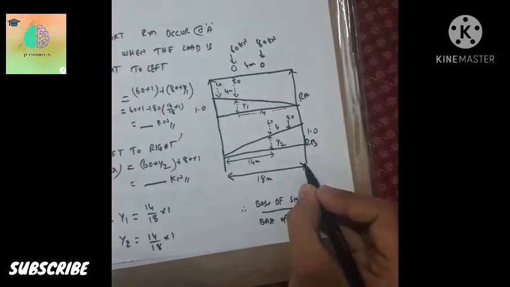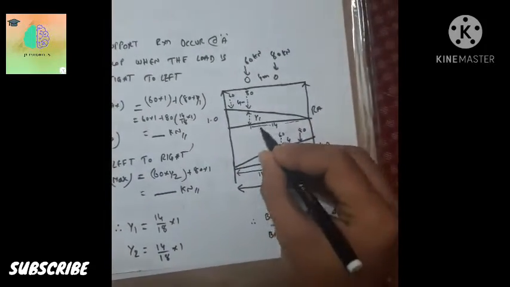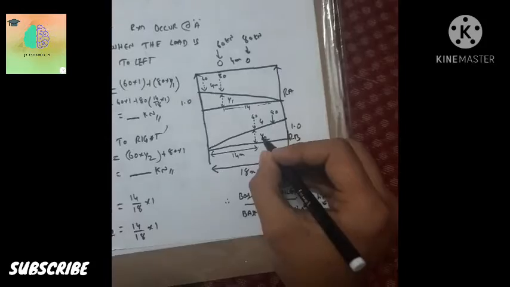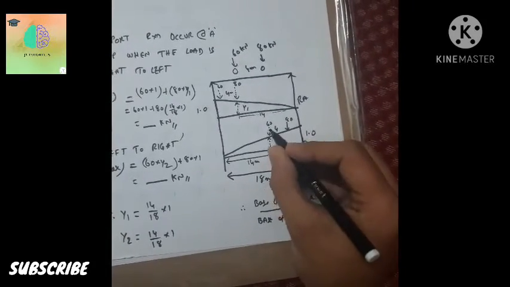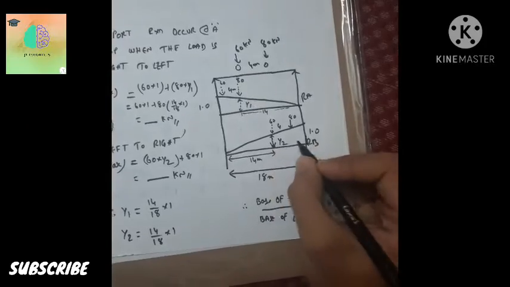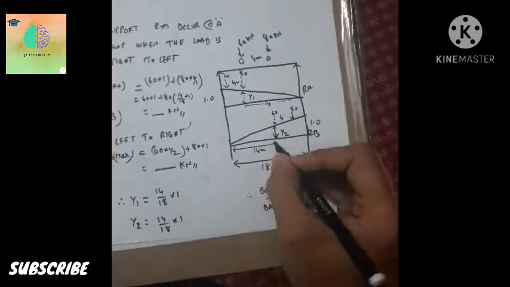Overall length is 18, and this length is 4, so 18 minus 4, this is 14. And for this, the 80 height is known, 1, and the 60 height is y2. For y2, same 18 minus 4, 14 meter.